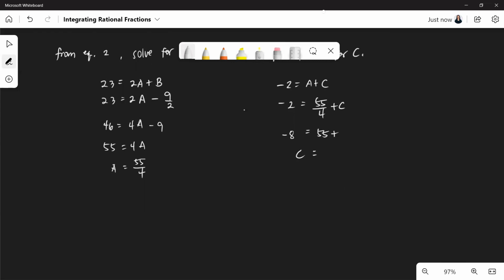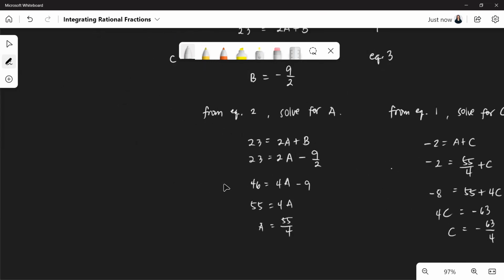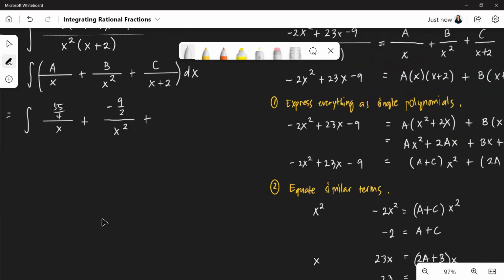It's supposedly 4c, so 4c is equal to negative 63. So c is negative 63 over 4. There is no common factor for 63 and 4, so negative 63 over 4.